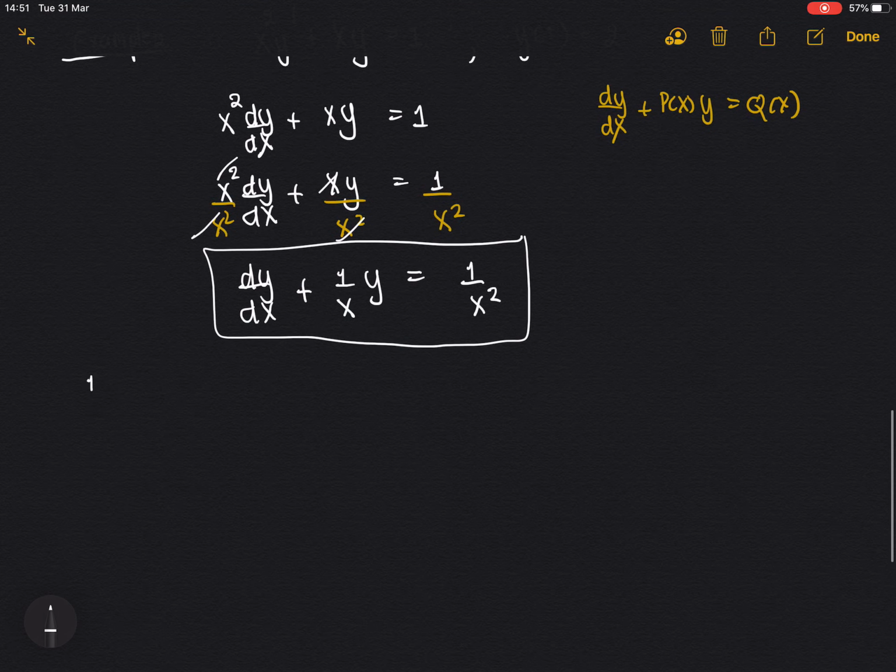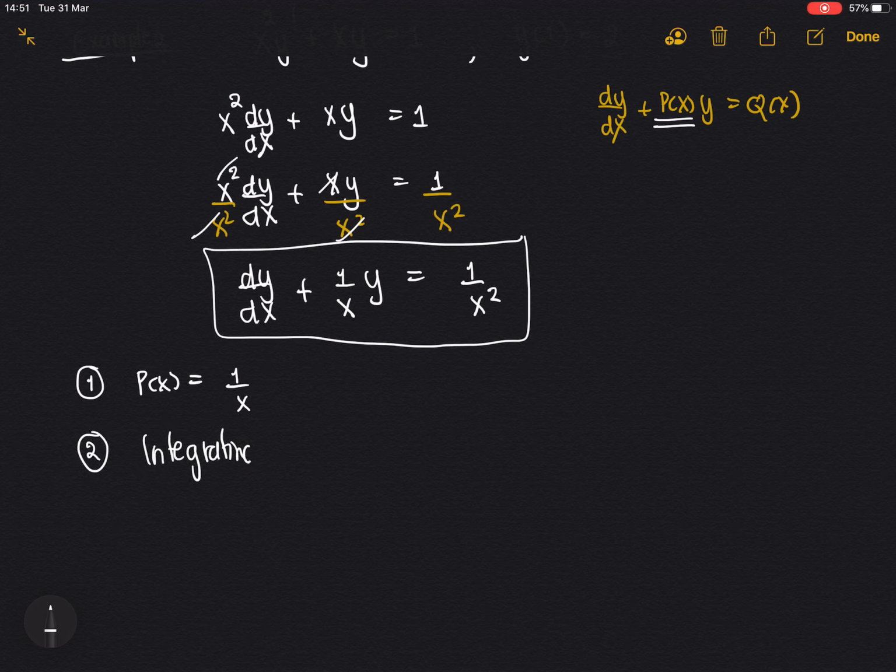And then the first step, after we rearrange the given function into the standard form, we have to extract the p(x) term. So in this case, if you compare that, we know immediately that our p(x) is equivalent to 1 divided by x, all right? And then next we have to find an integrating factor.